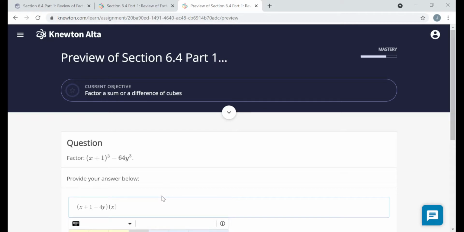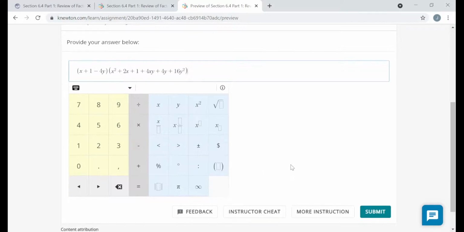Second factor, x squared plus 2x plus 1 plus 4xy plus 4y plus 16y squared. All right. And submit.